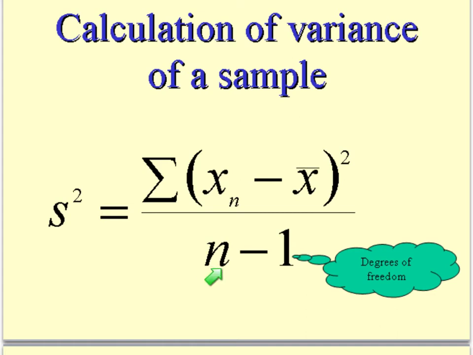Almost always, we will divide by n minus 1. Why do we divide by n minus 1 instead of n when calculating the variance and the standard deviation? It's something called degrees of freedom, which we will discuss later on in the year. So you don't really need to know much about degrees of freedom yet. It's coming up later on.